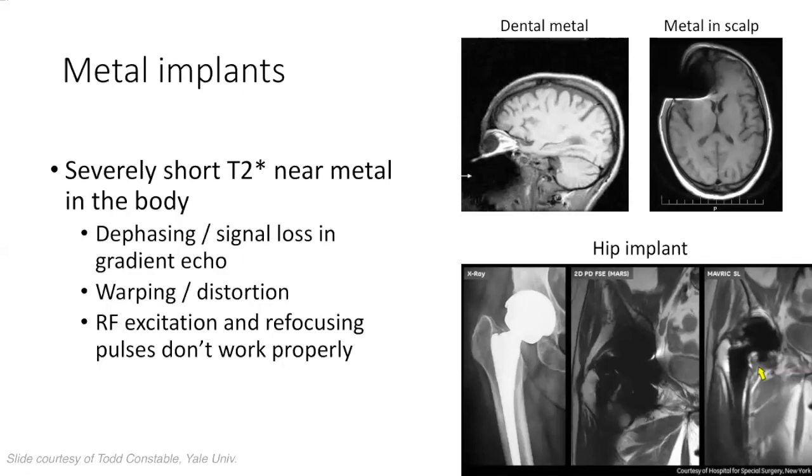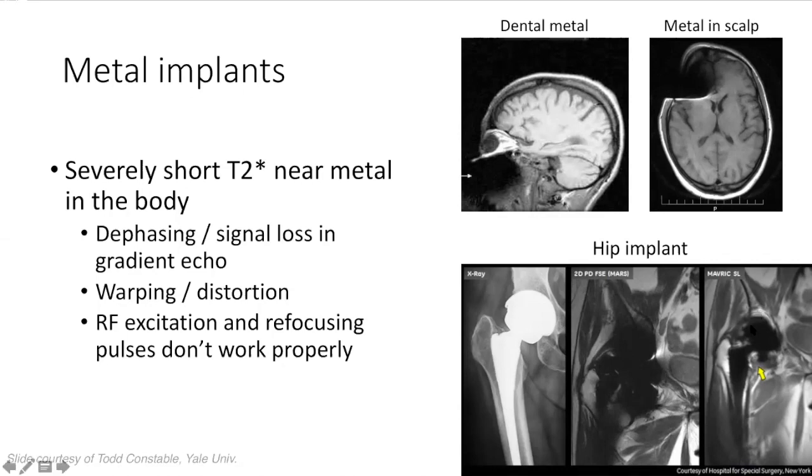So you have a rapidly changing B0 field near your tissue. And so this creates a severely short T2 star near metal in the body that causes dephasing and signal loss in gradient echo. You can clearly see this dephasing with dental metal in the brain, and you get this blooming artifact. If you're running 2D fast spin echo, you also get artifacts because the RF excitation and refocusing pulses don't work properly.